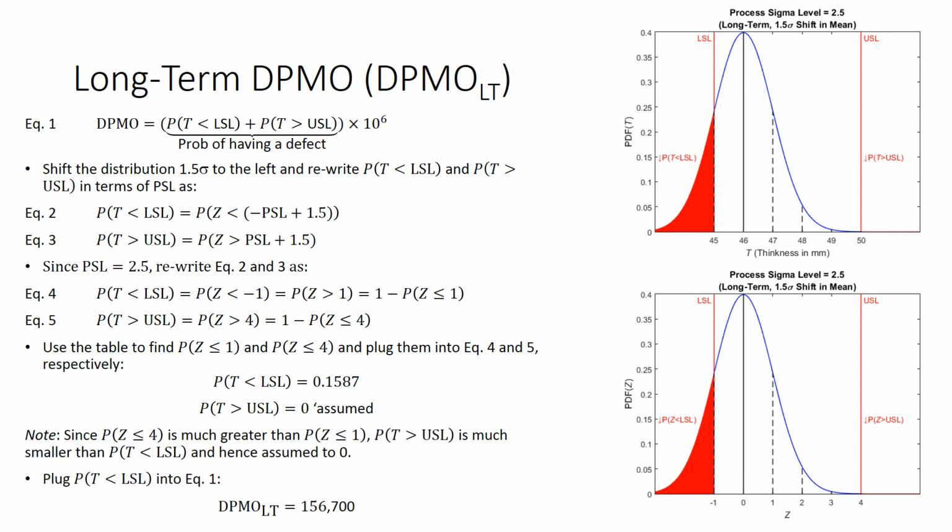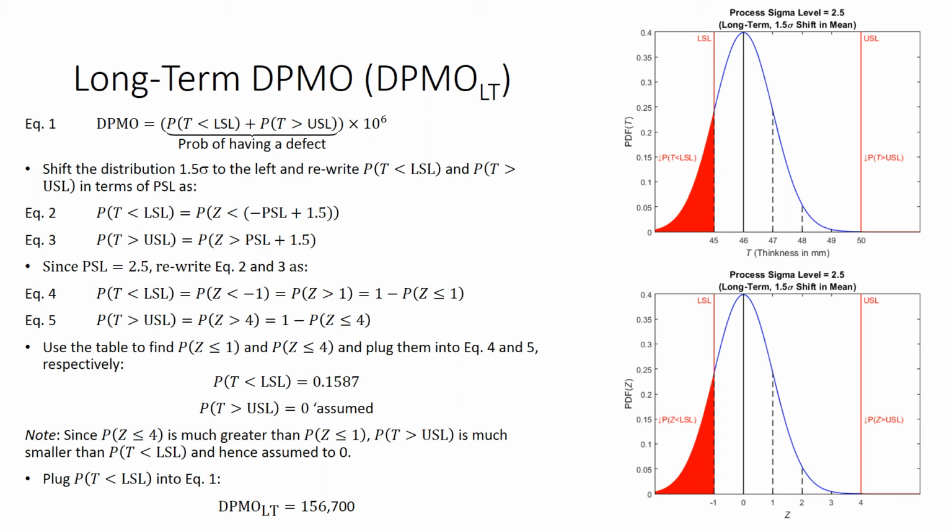Now we'll use these z-values to rewrite the probabilities as follows. Probability of t less than lower spec limit is equal to probability of z less than minus 1, which is equal to probability of z greater than 1, which is in turn equal to 1 minus probability of z less than or equal to 1.